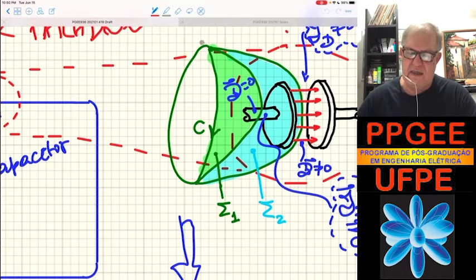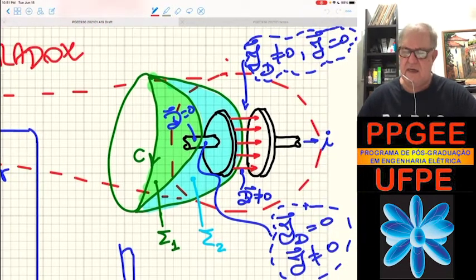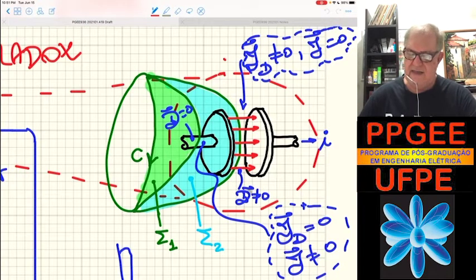So if I calculate Ampere's law through path C, it must correspond to the current that flows through either the green surface or the blue surface. In the green surface, D equals 0, and the current that flows equals the free currents through the circuit, right? On the other hand, if I use this surface, I have a D that's different than 0, I have an E field between electrodes, and also a D field.